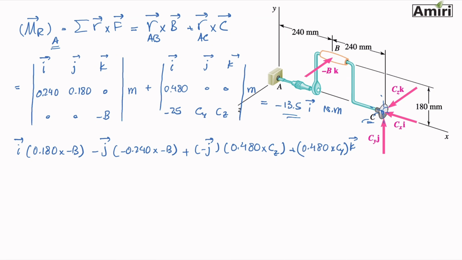So let's see. This is going to be minus 13.5. So 180 minus B equals 13.5 Newton meters. This one is meters.